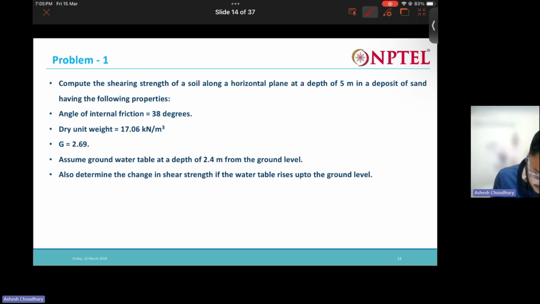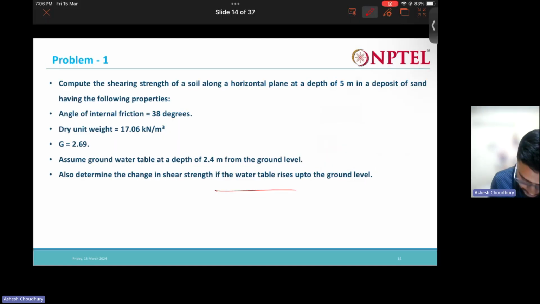What is given is we have this, 5 meter, and the water table is here.